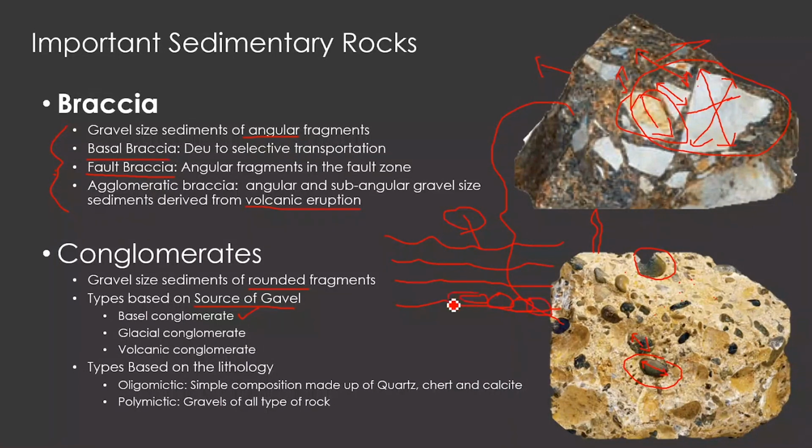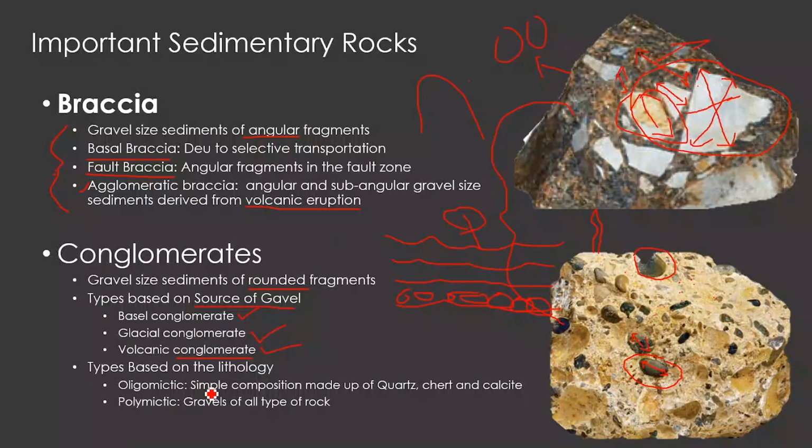We call that a basal conglomerate, which indicates the bottom part of the deposition. Glacial conglomerate is derived by glacial processes. Volcanic conglomerate comes from volcanic rocks which erupt, and the large rock fragments are then transported and deposited. If it has a rounded shape, we call it a volcanic conglomerate, and if it has an angular shape, we call it an agglomeratic breccia.